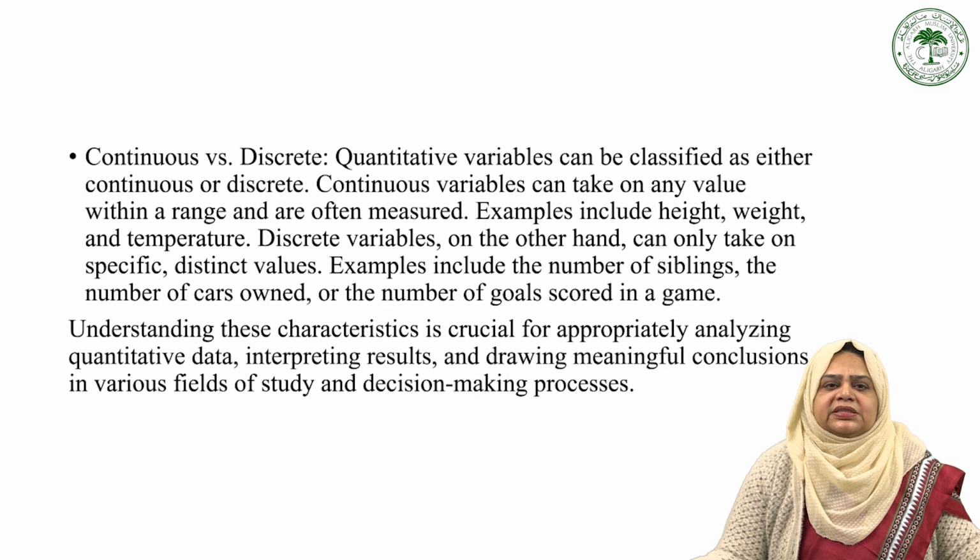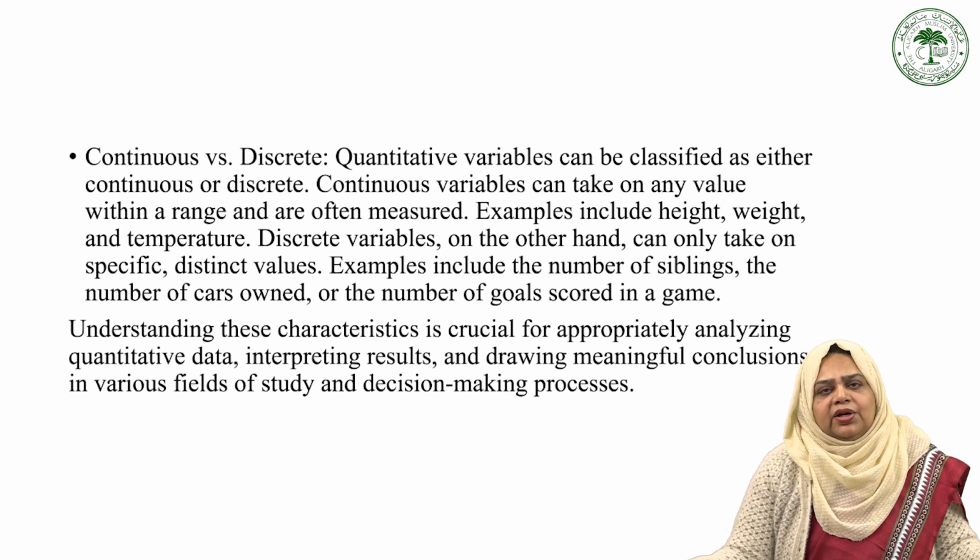Next important characteristic of quantitative variables is continuous versus discrete. That is, quantitative variables can be classified into two categories, continuous and discrete. Continuous variables can take on any value within a certain range and are typically measured.